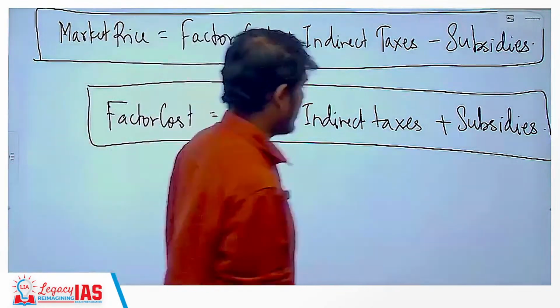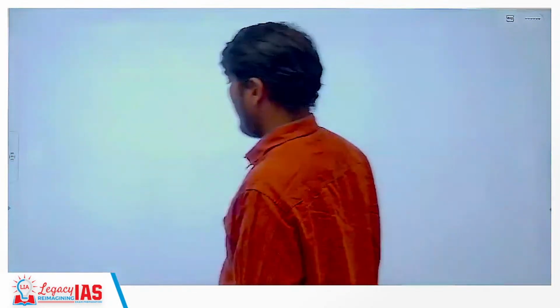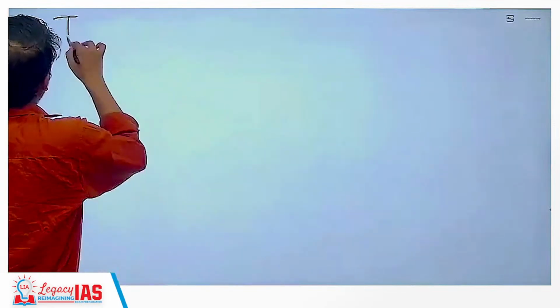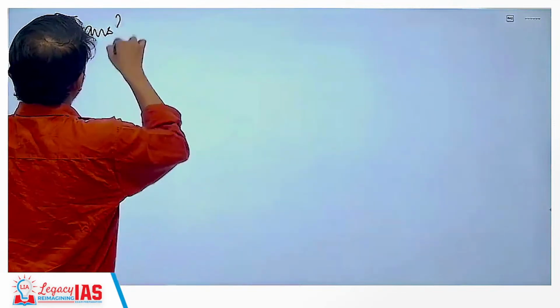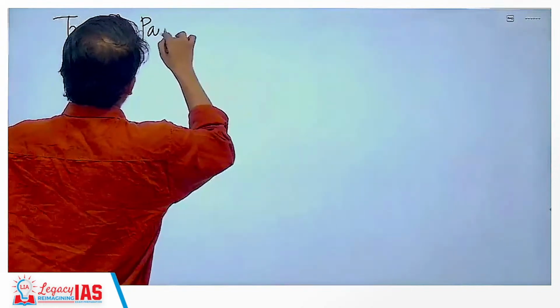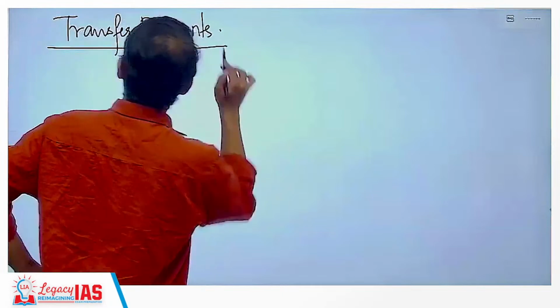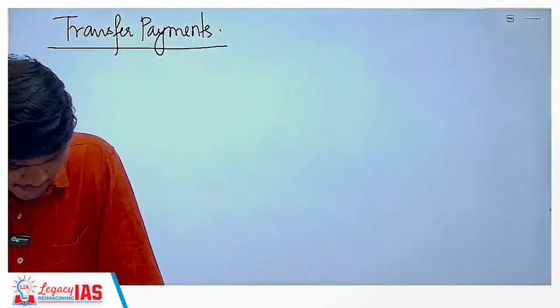Now, in GDP, we add all the production of goods and services, everything. But there is one thing we do not add, that is transfer payments. So write down the concept of transfer payments.